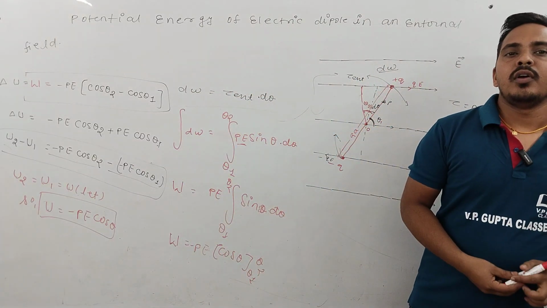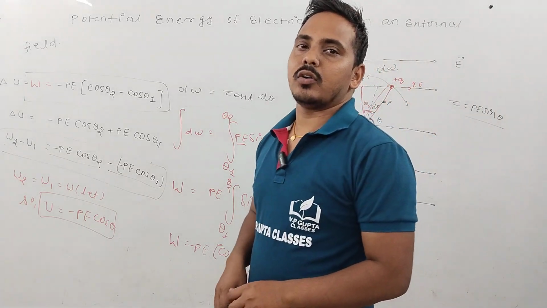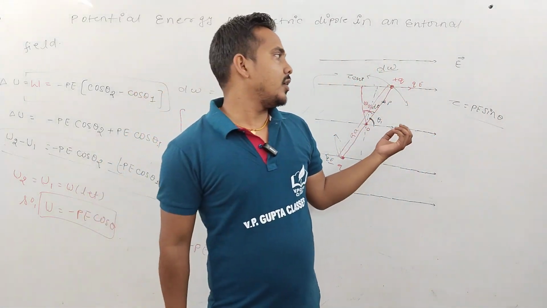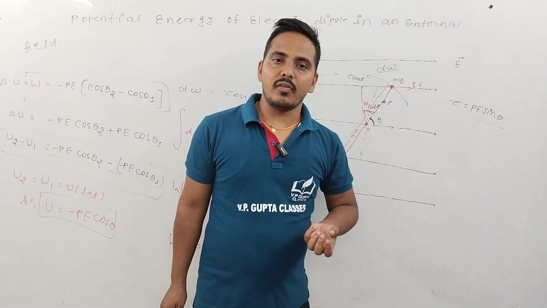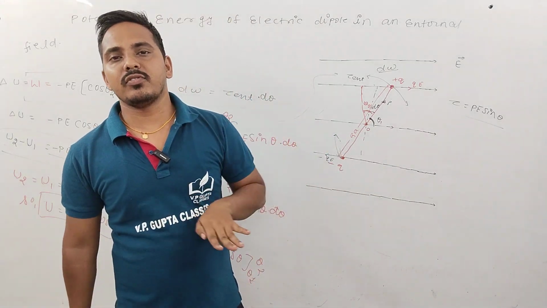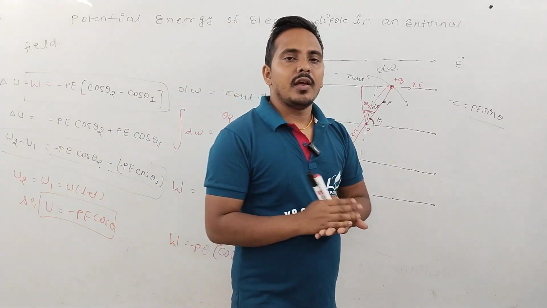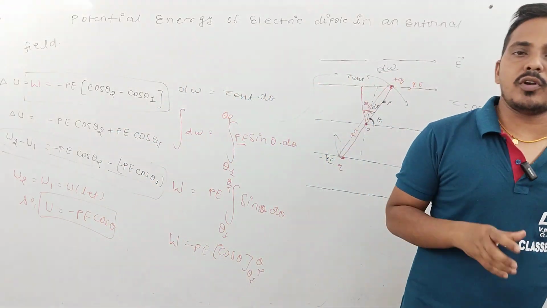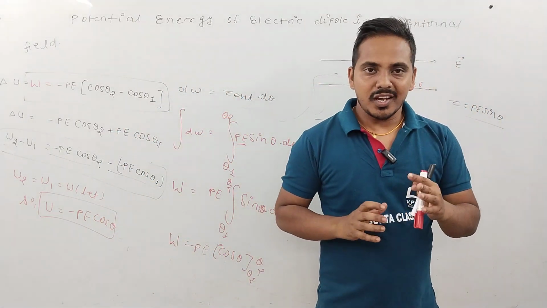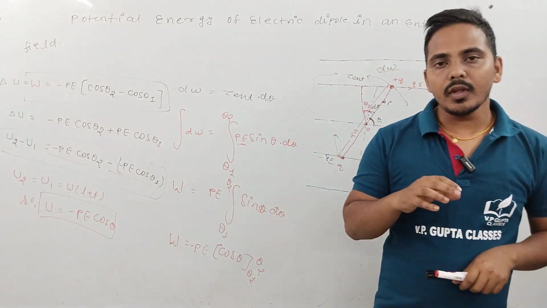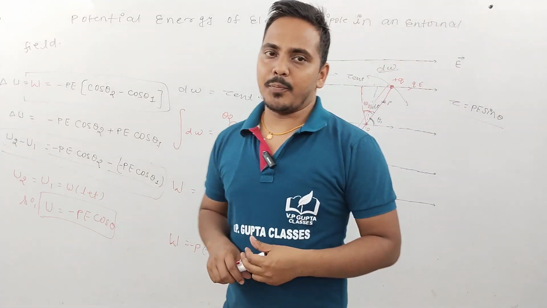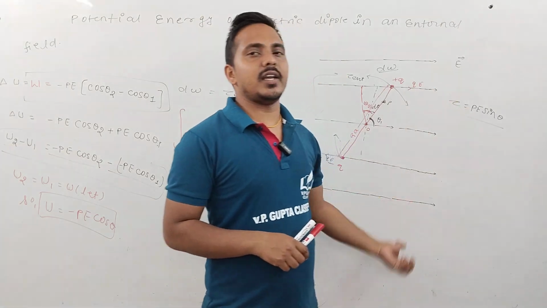First of all, you know that when a dipole is kept in a uniform electric field, the translatory force does not exist, and only a couple of forces exists, and this couple rotates the electric dipole in the uniform electric field.